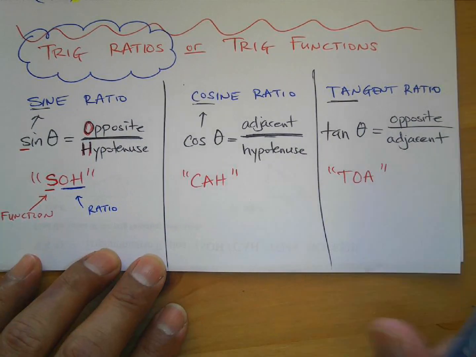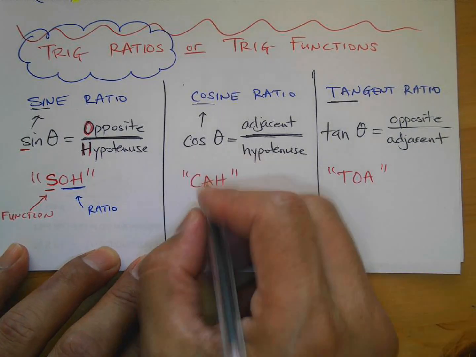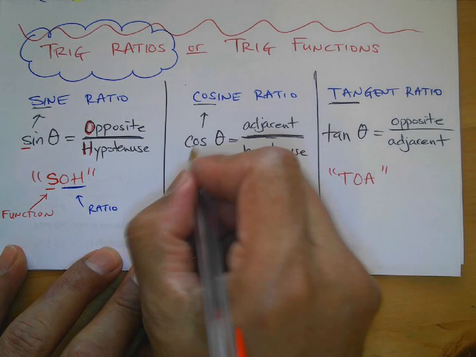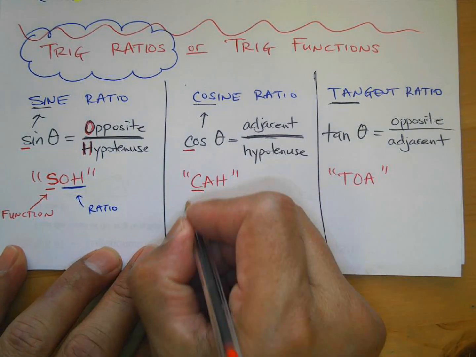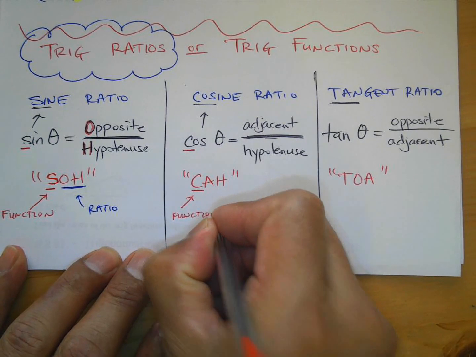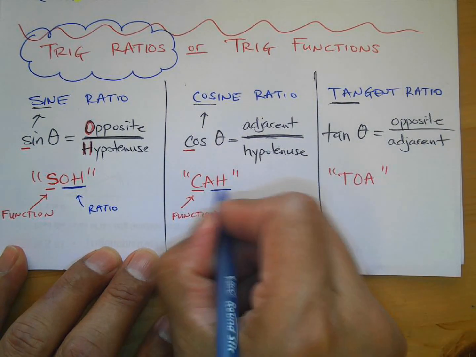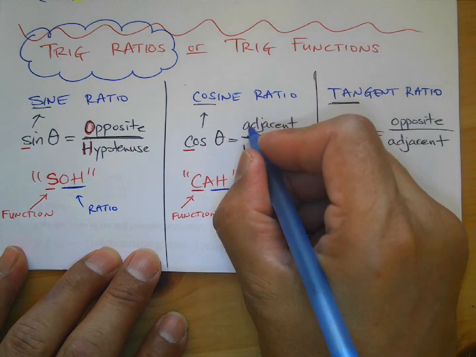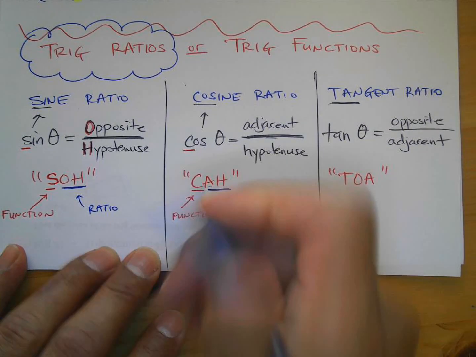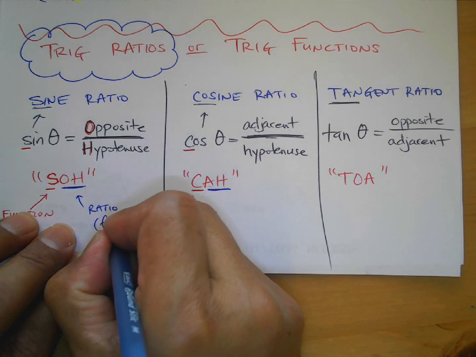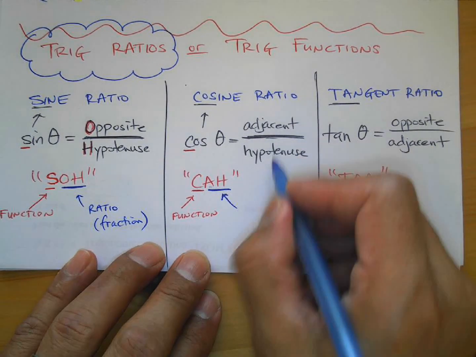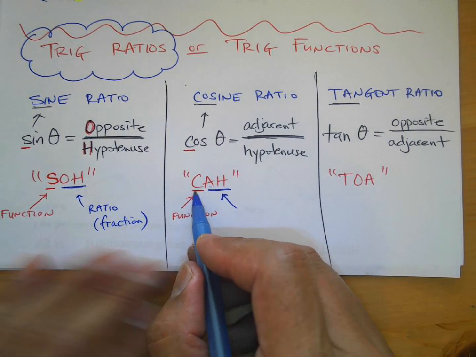Same thing over here, right? It starts with a C. Which function starts with a C? Sine, cosine, or tangent? Well, obviously, cosine. This is the function. This is for the ratio, A over H. The last two are the fraction part, the numerator and the denominator.